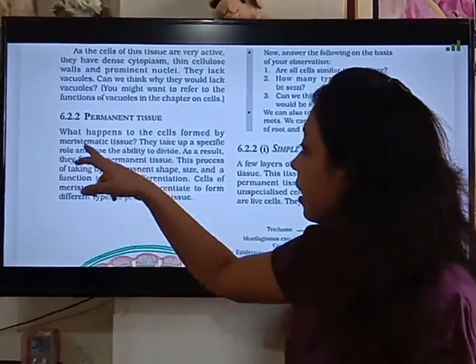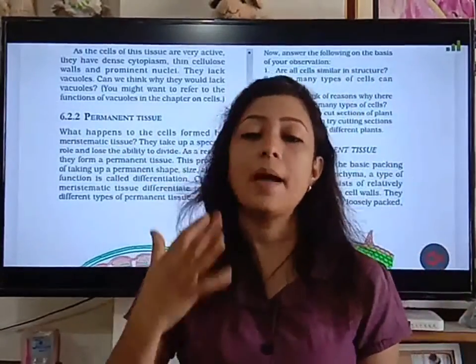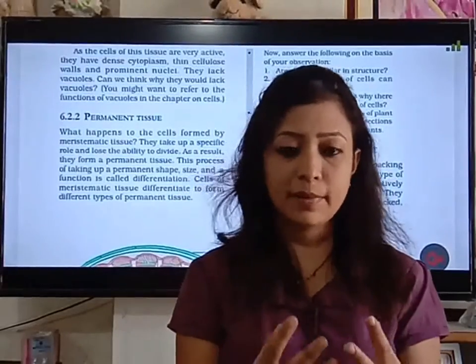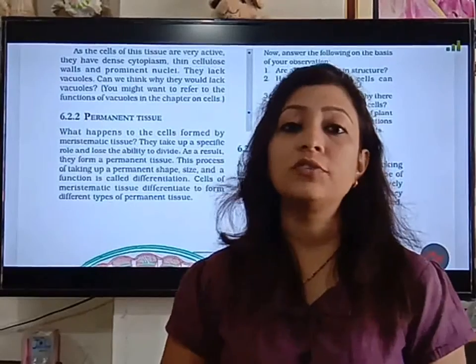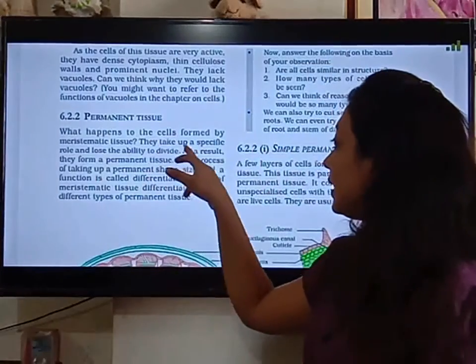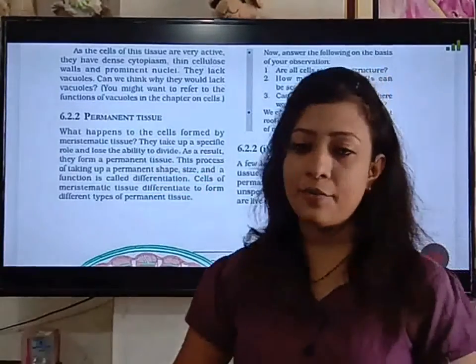So what happened to the cell formed by the meristematic tissues? Once the meristematic tissue is getting mature, then what will form from that? Now they take up a specific role and lose the ability to divide.